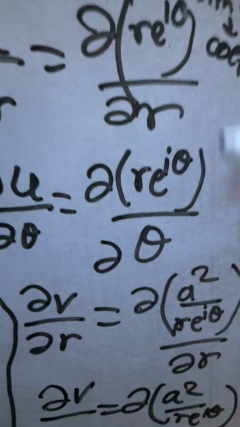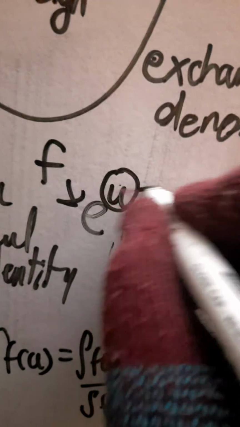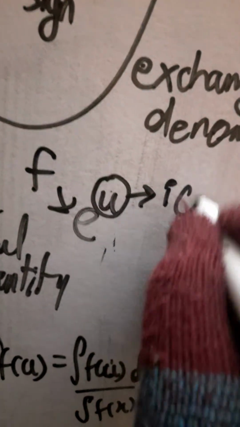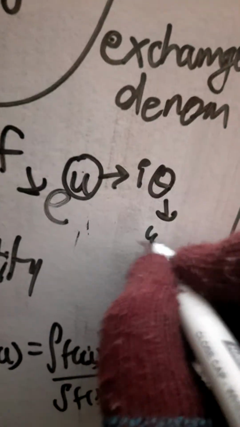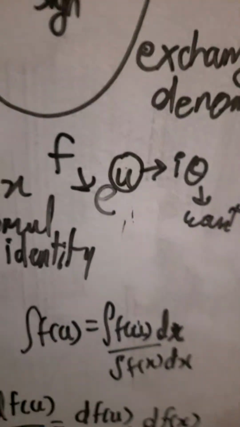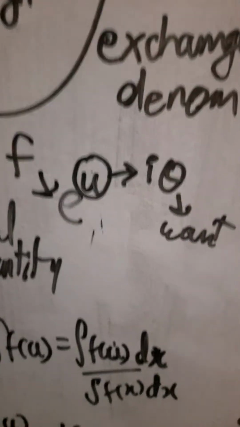Now i theta is a function of theta. This is a function, and this is a separate function. This is what we want. Now this is a nested function, right?